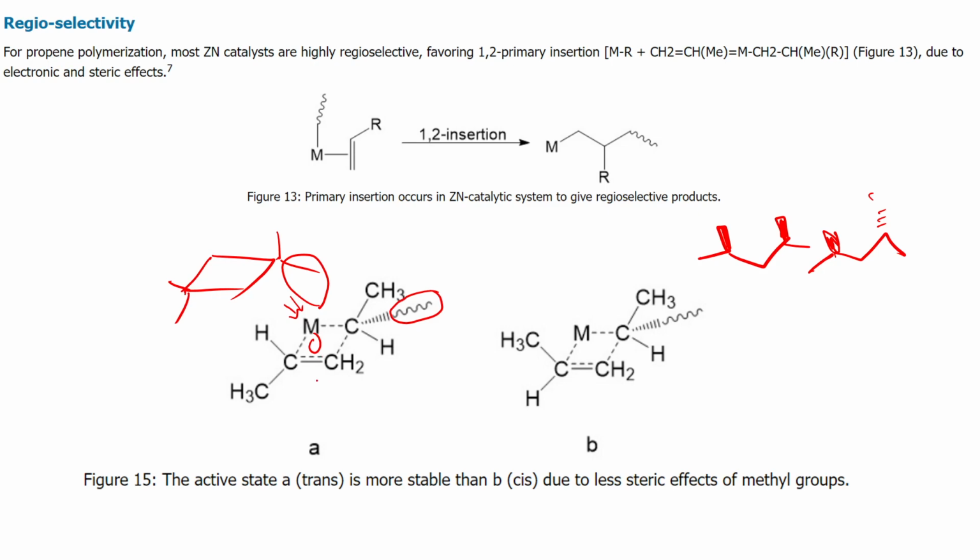The methyl-methyl interaction becomes less prominent in determining the stereochemical outcome, because here your metal unit has large electron density of the ligand.